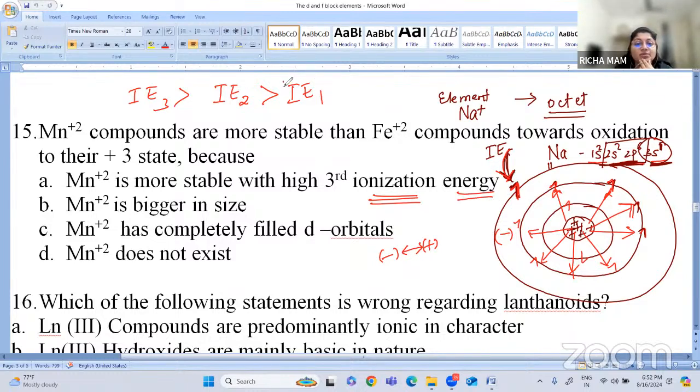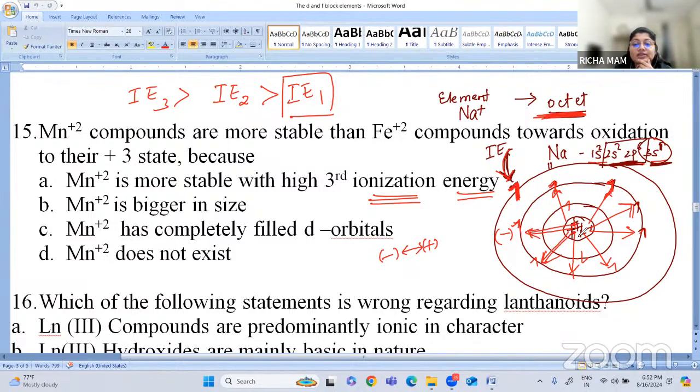So it is the minimum amount of energy which is required to remove the electron from an isolated gaseous atom. If you are removing one electron from its outermost shell, it is quite difficult because it is a little far from the nucleus. But when you are removing the electron from this system, because there are already 8 electrons and it is in its octet state, it is quite difficult.